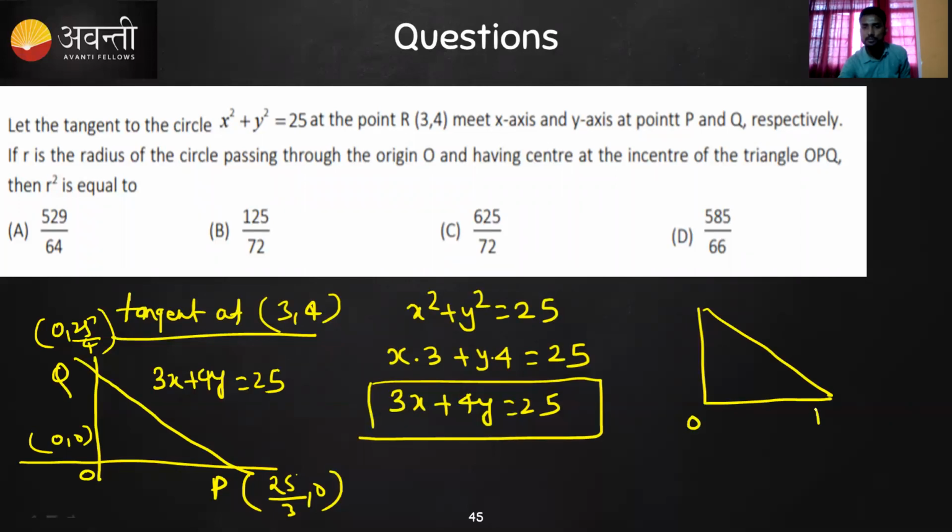This is O, this is P, and this is Q. It has already (0, 25/4), (25/3, 0), and (0, 0).